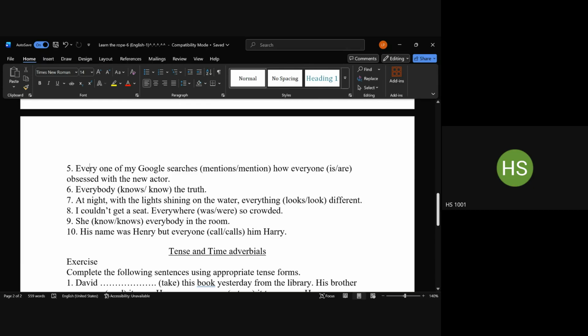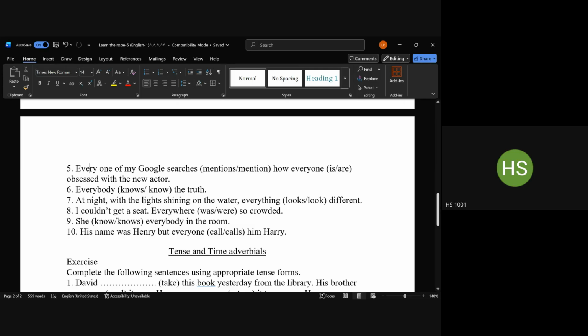Seventh one: at night with the lights shining on the water, everything look different. Everything looks different, right? Again, similar to sentence number 6.